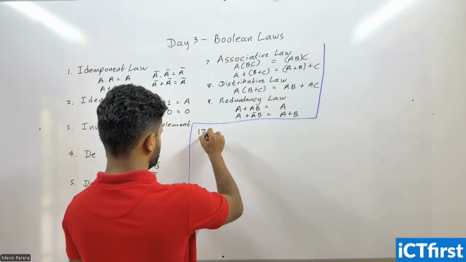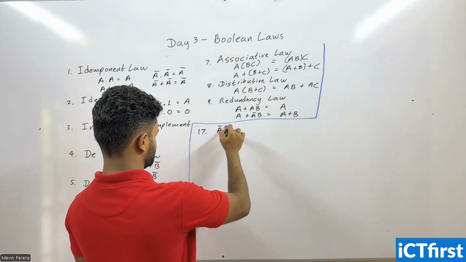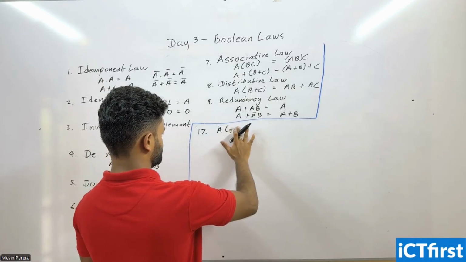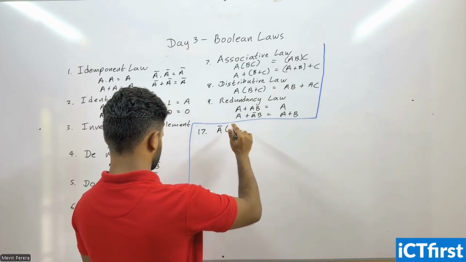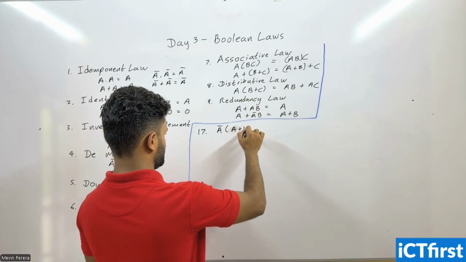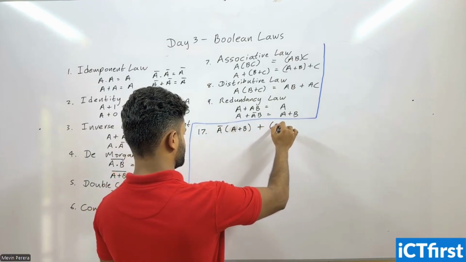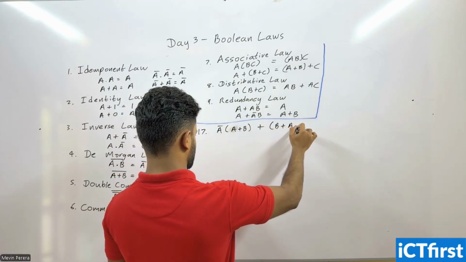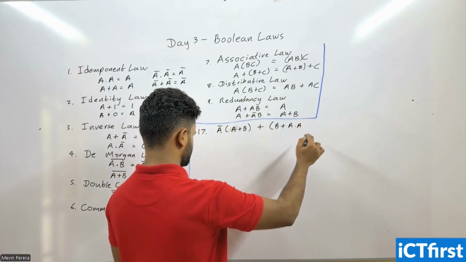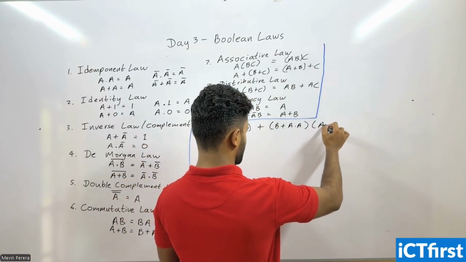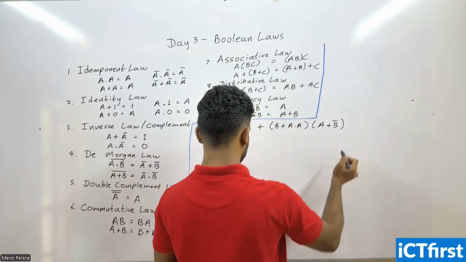Then the 17th one. A plus B plus B plus A dot A plus B bar.